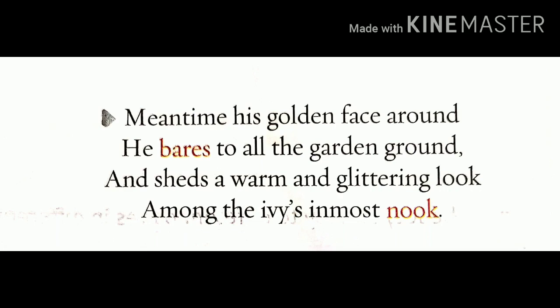Children, in the fourth stanza, the poet is addressing the sun as a person with a golden face. He says that the rays coming out from his golden face fall on all the garden ground and make them warm and give them a glittering, meaning shining, look.